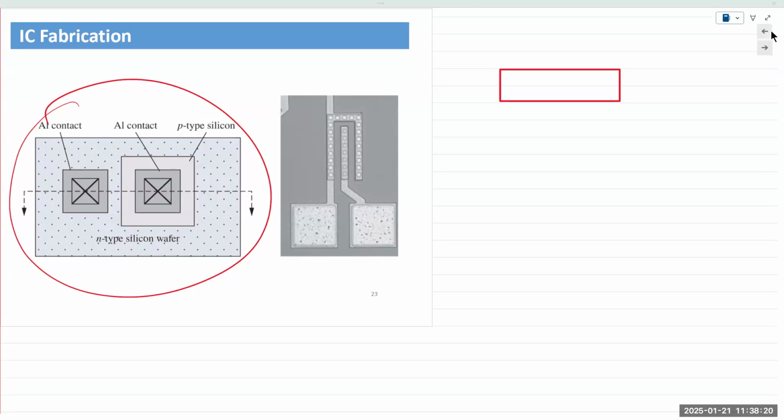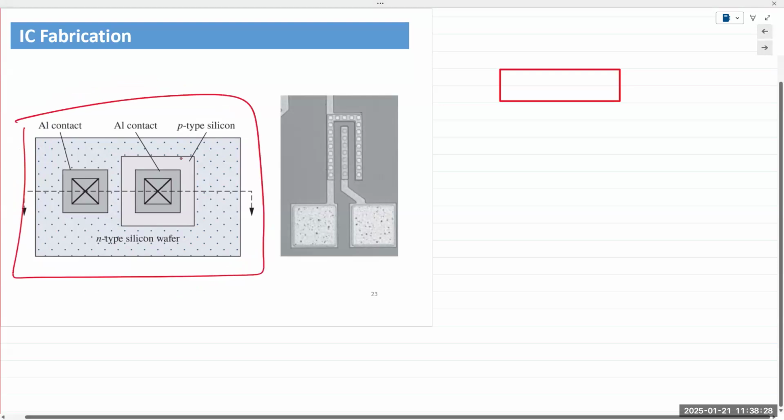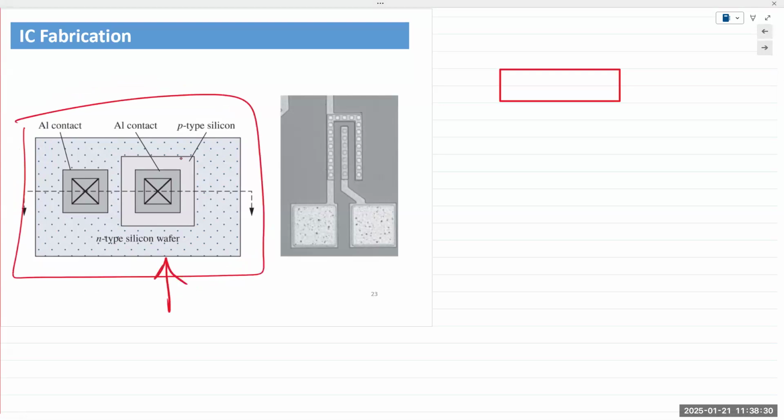So if we look at our slide right here, which I was pointing out, this is the top view, looking at it from the top. That's the illustration. This is an actual SEM image. SEM is a scanning electron microscope.